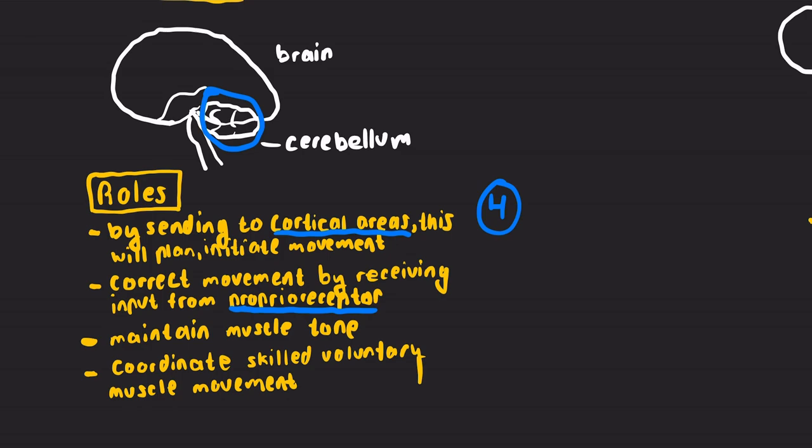The cerebellum has a responsibility to correct those movements. This will also help maintain muscle tone by having low muscle tension, okay? And this will also help coordinate skilled voluntary muscle movements. For very skilled muscle movements, it is responsible for coordinating such action.